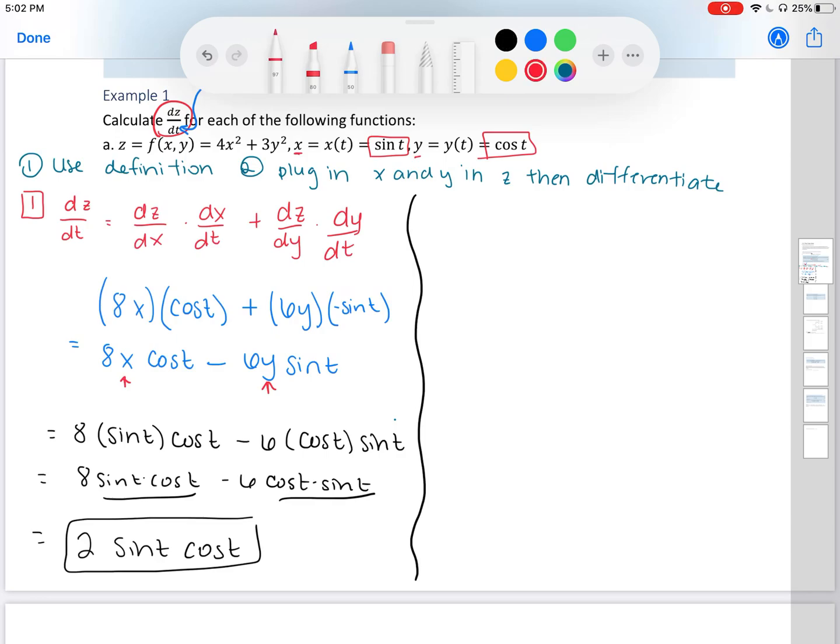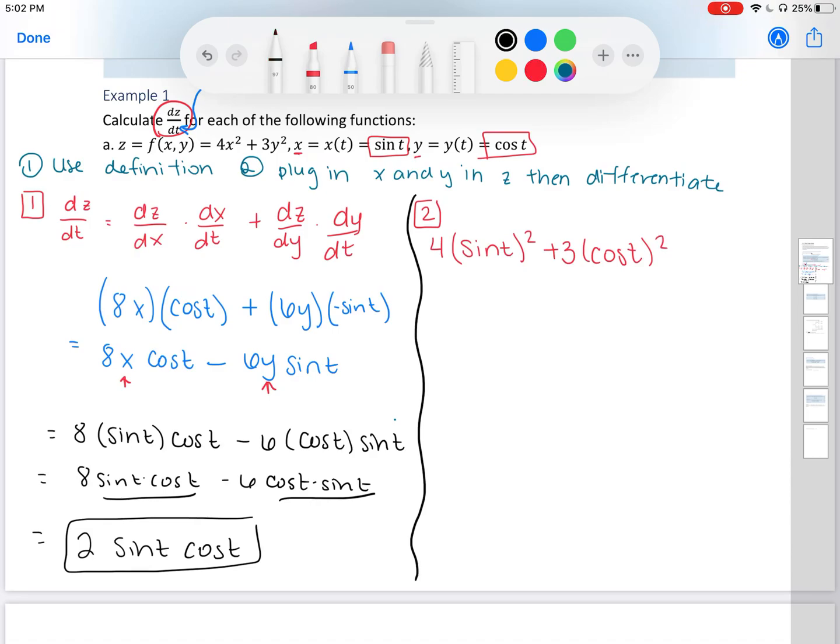So if we use our second method, let's go ahead and plug them in. I have 4 times, and instead of x, we replace x with sine of t, squared, plus 3, and instead of y, we write cosine t squared.